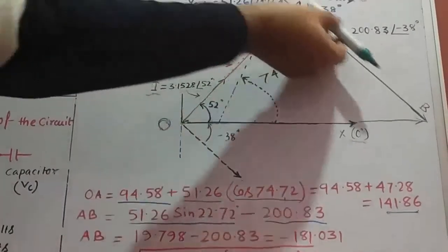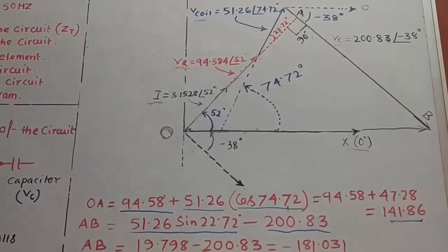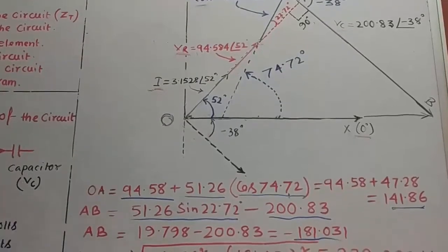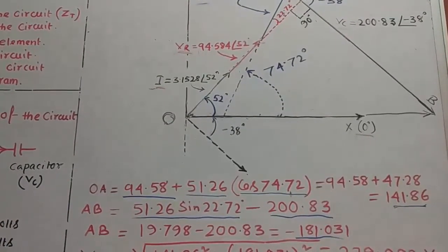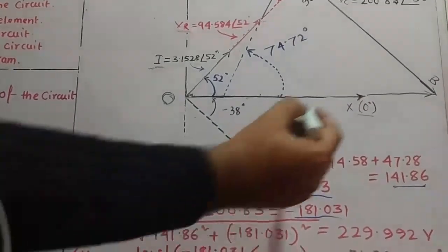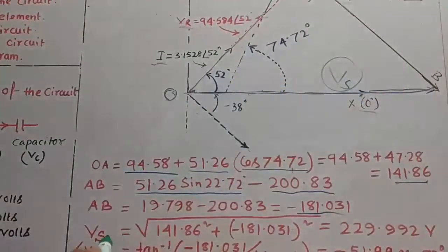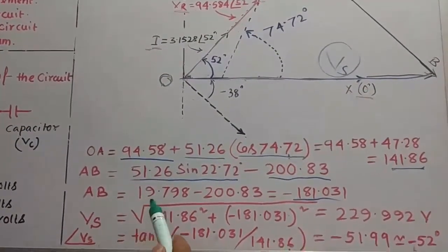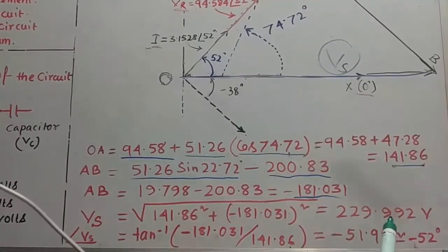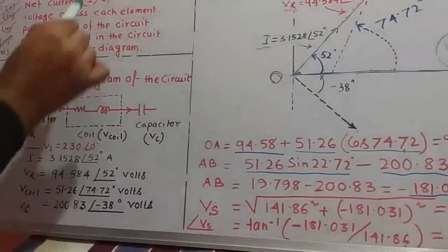I am taking it along this direction, so I am not including the 90 degree angle. If you simplify, you will get negative 181.031. So what is the resultant? This is the resultant, Vs. It is the square root of OA squared plus AB squared, and it comes to 229.992, which is approximately 230, exactly matching the system voltage.